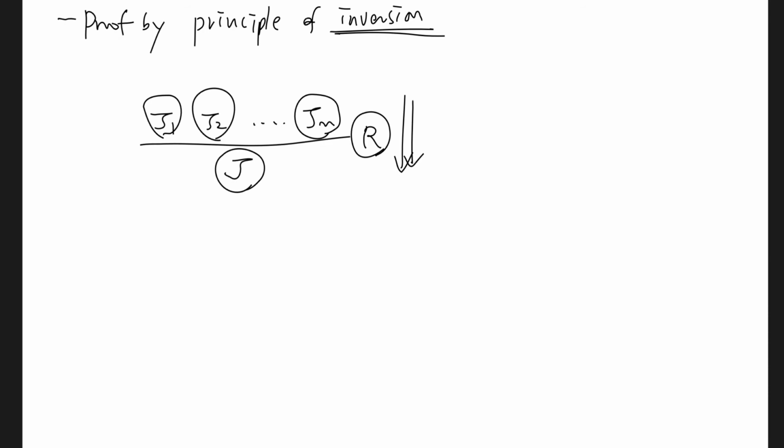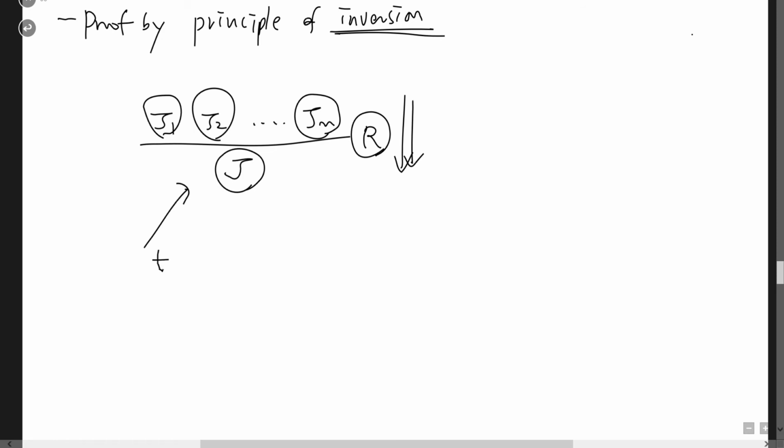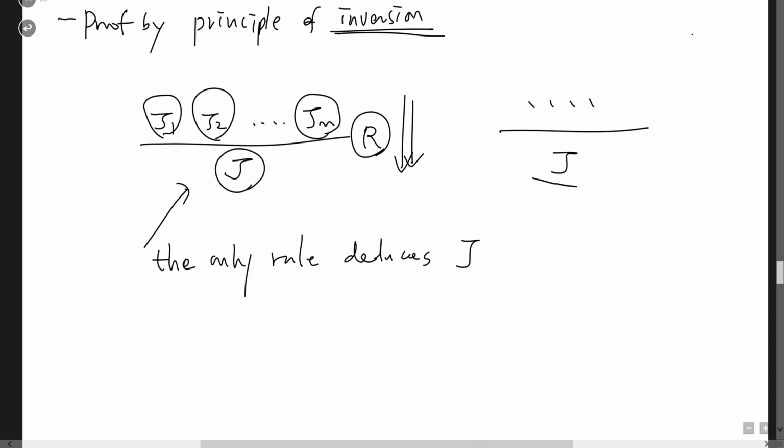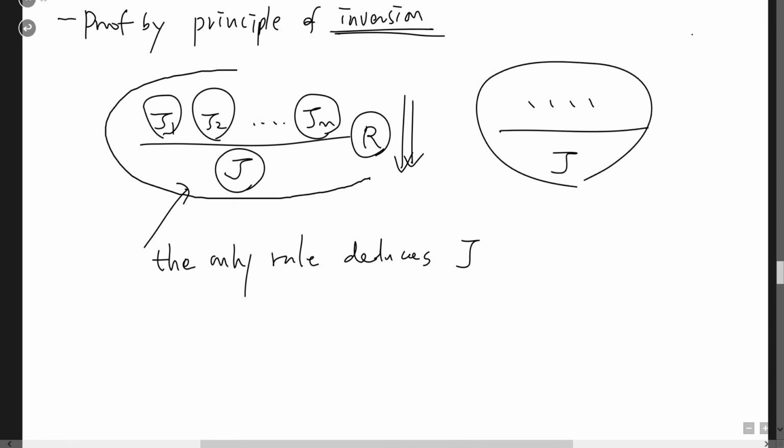Now, suppose that this is the only inference rule that deduces J. So in other words, there is no other inference rule that deduces judgment J. This is the only inference rule that deduces judgment J, so we don't have any other inference rule of this form.